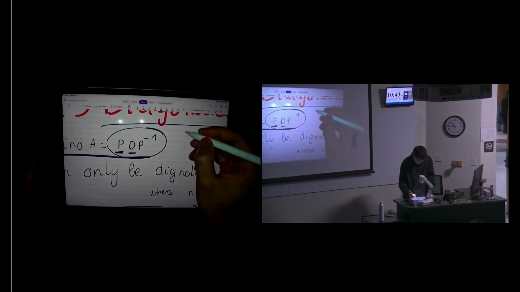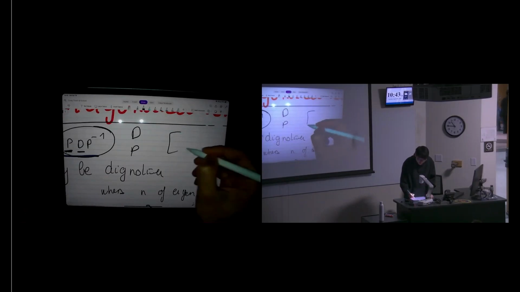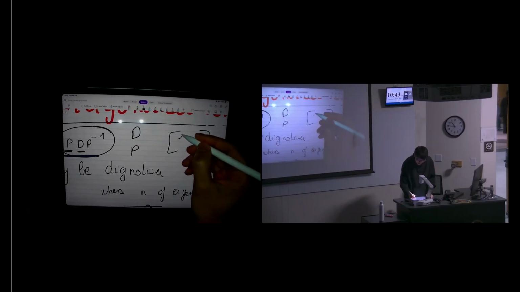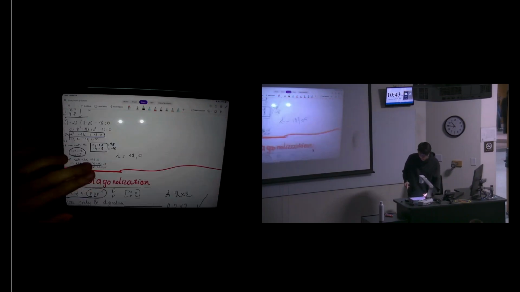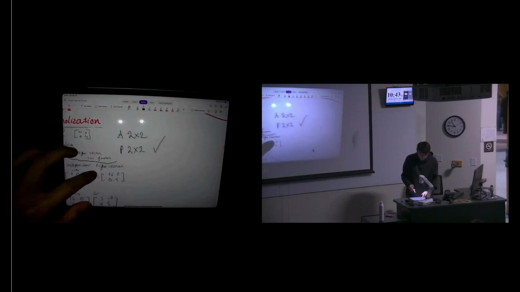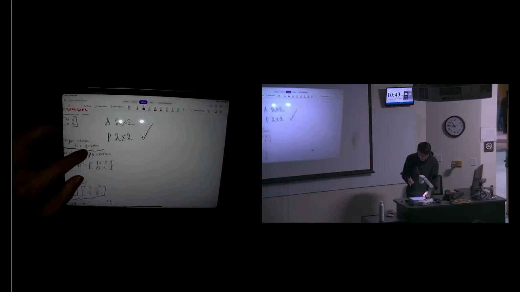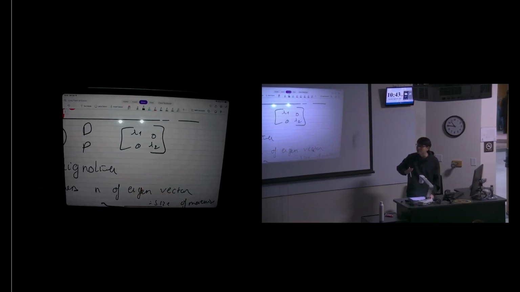Now, given A, how can I find my D? How can I find my P? D right here is just your regular diagonal matrix using eigenvalues. From the previous step, we can find the eigenvalues, and once we have all of them, that's just our D. We just write our diagonal matrix with all of the eigenvalues on the diagonal.